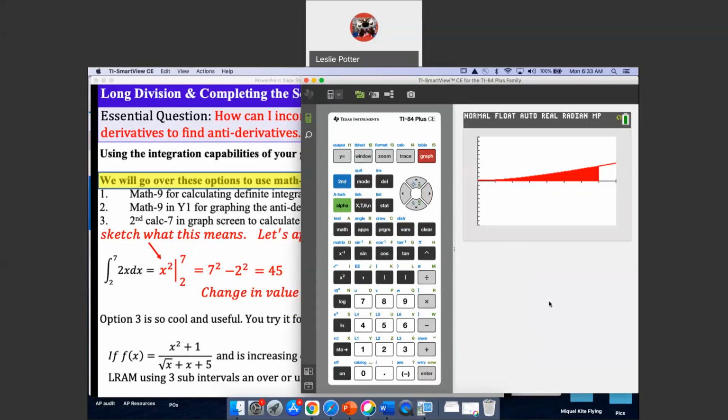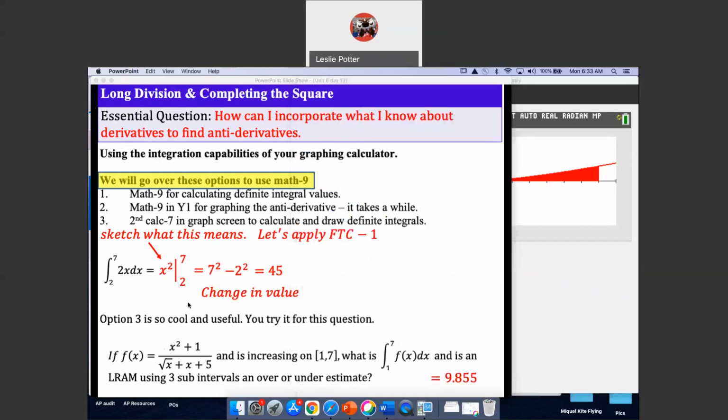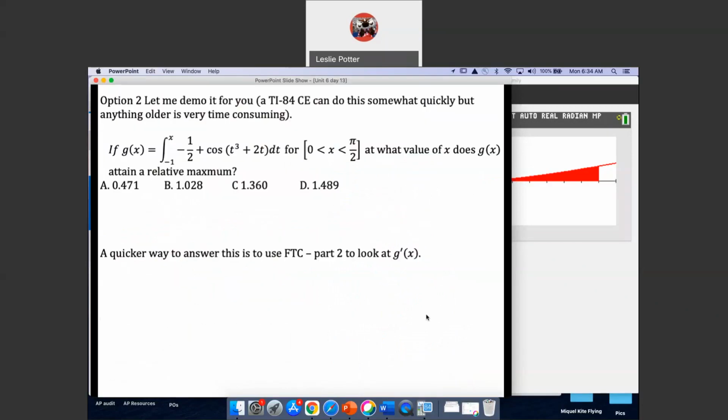And so this is why I don't recommend you do this on your calculator with anything that is rational and looks this complicated, because it takes literally forever to graph it, because it is graphing it point by point, and it gets really bogged down. So I don't recommend it. Mine's still thinking. I'm going to come back to my PowerPoint presentation. I would be surprised if it finishes up before we finish this video.